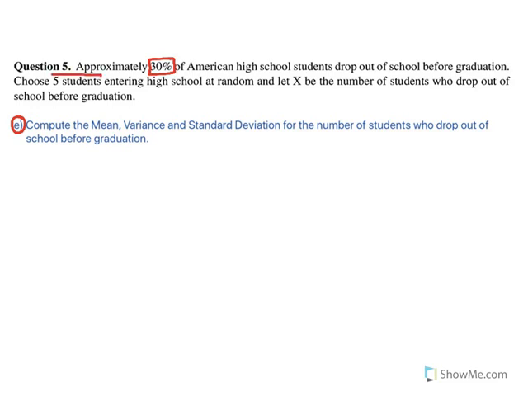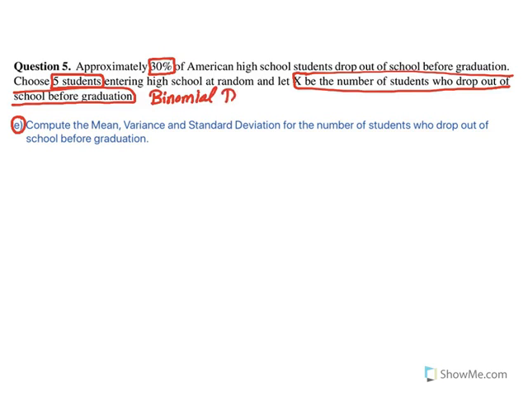Choose 5 students entering high school at random, and let X be the number of students who drop out of school before graduation. We saw that this was a binomial distribution or binomial experiment, but we get a binomial distribution from it.